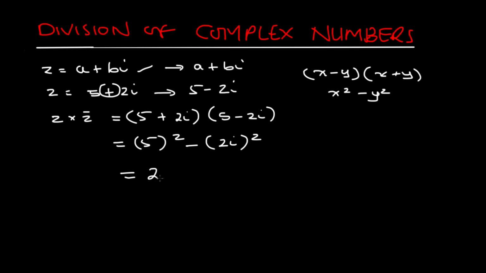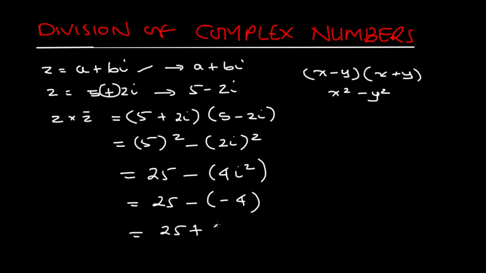This one will give us 25 minus 4i squared. Now remember we said that i squared is minus 1, so inside here -1 times 4 will have -4, meaning that these two are going to add. Then we have 25 plus 4, and so our number is going to be 29.